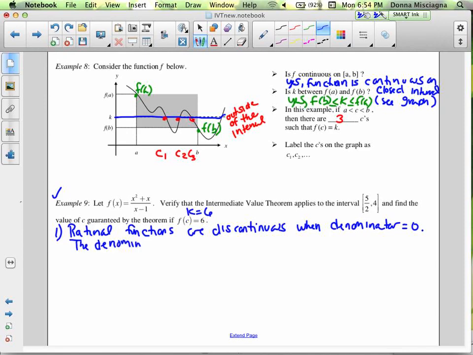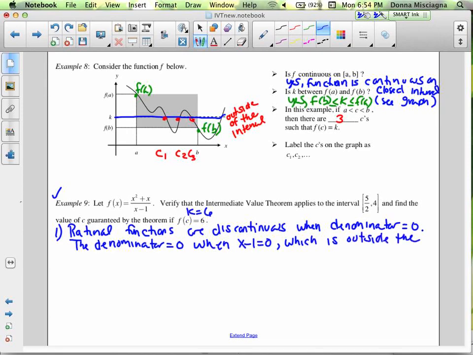The denominator equals 0 when x minus 1 equals 0, which is outside the interval.